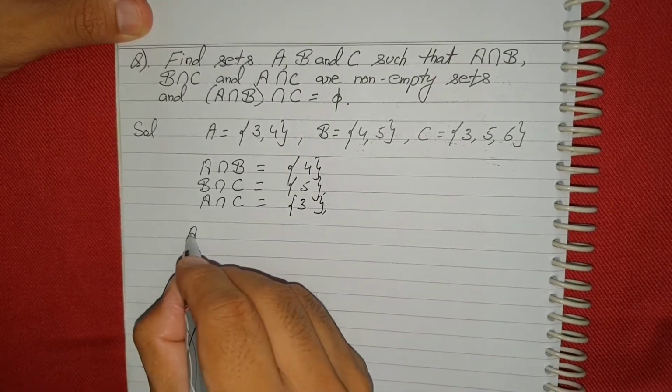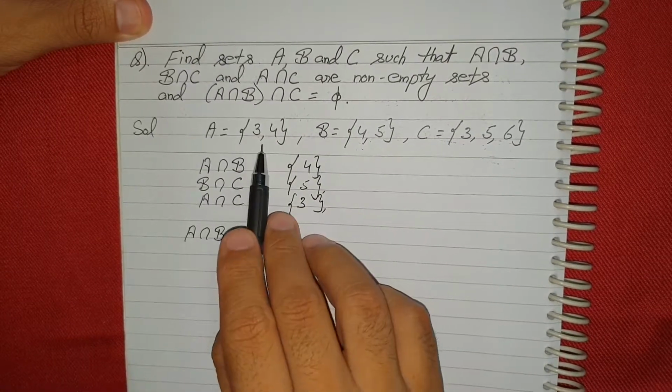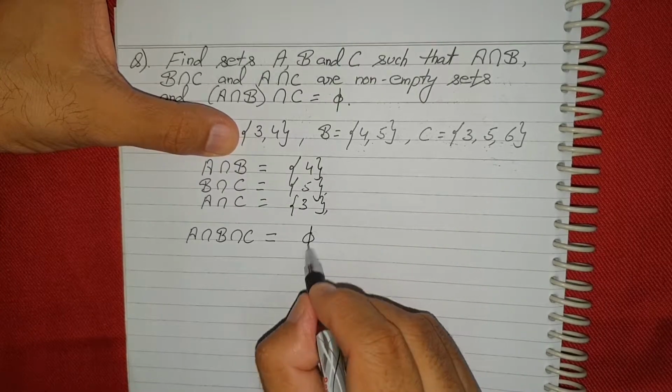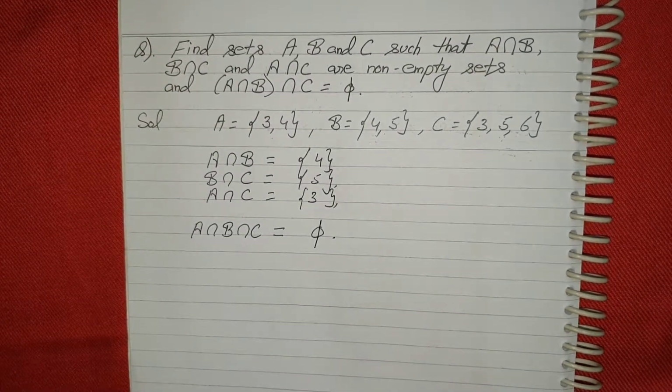But if we take A intersection B intersection C, there is nothing common. Proved.